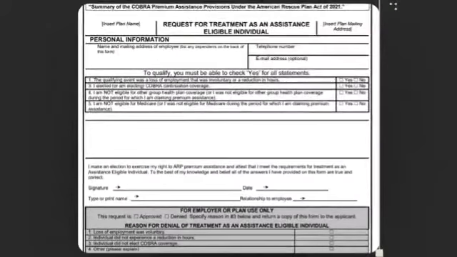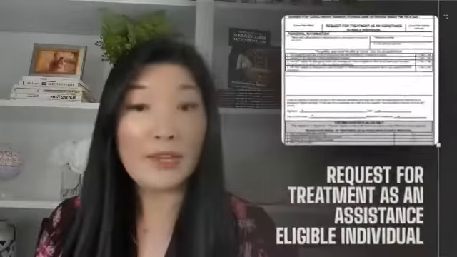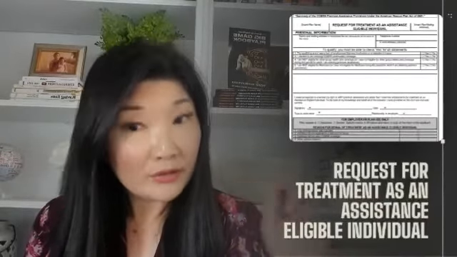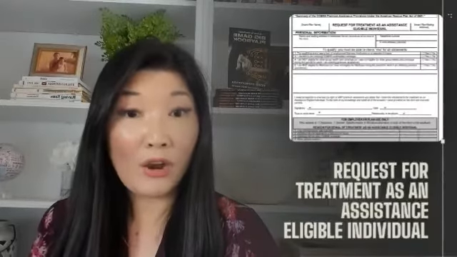A portion of this DOL summary document, you will see the requests for what they need to fill out in regards to their eligibility. So hopefully when you're sending this out, they're sending this back to you as well. And that gray box on the bottom, that is for the employer to verify, in fact, they are considered an AEI, assistance eligible individual.